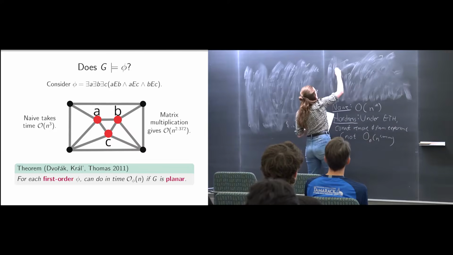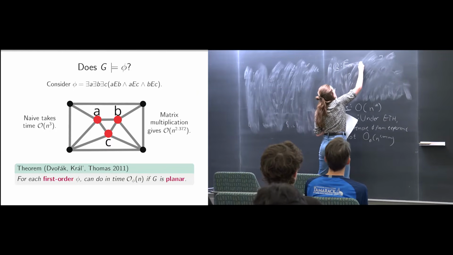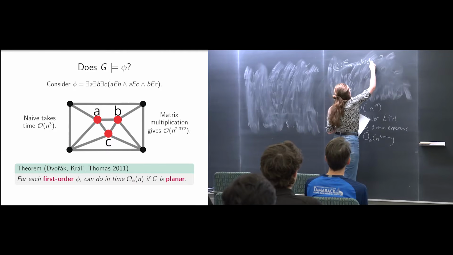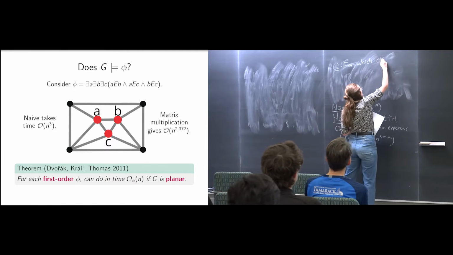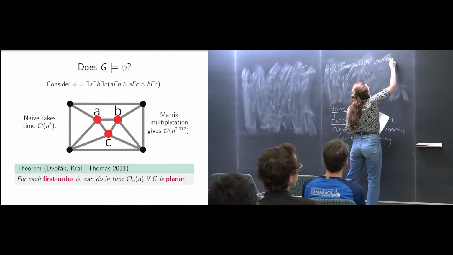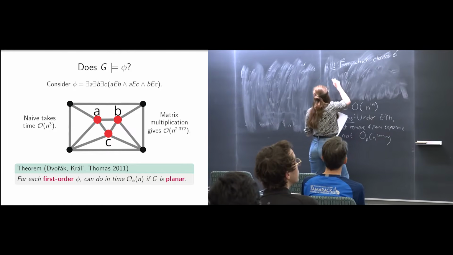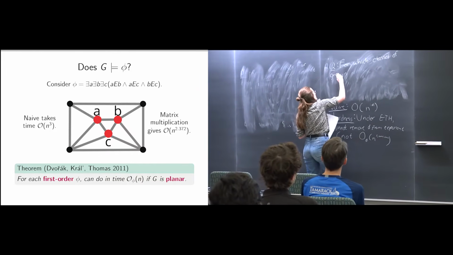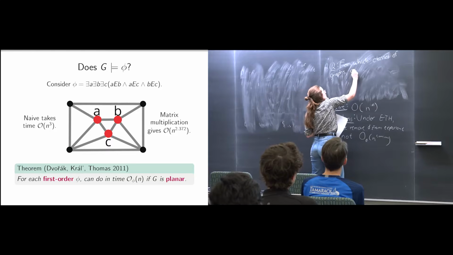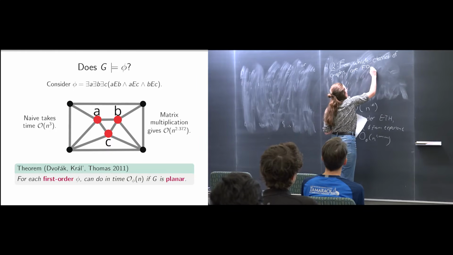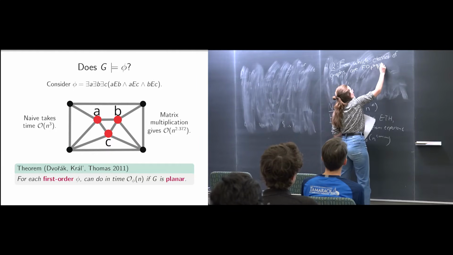All right, so the question is going to be: for which classes of graphs are first order properties efficiently checkable?